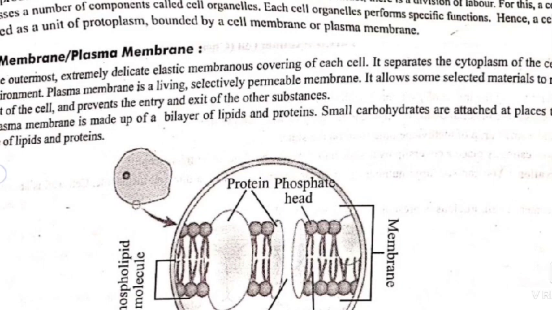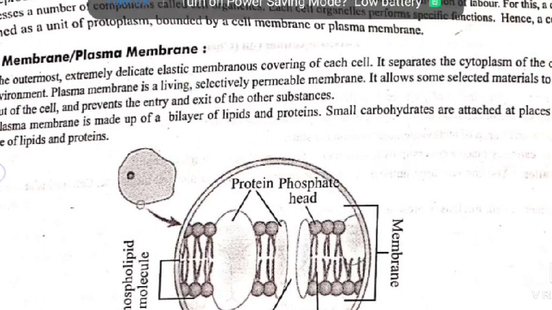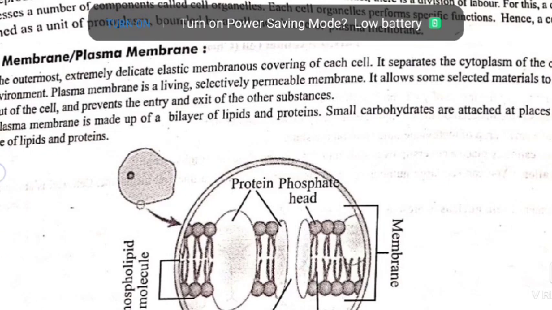It is the outermost, extremely delicate, elastic membranous covering of each cell. It separates the cytoplasm of the cell from its environment. The plasma membrane is a living, selectively permeable membrane.